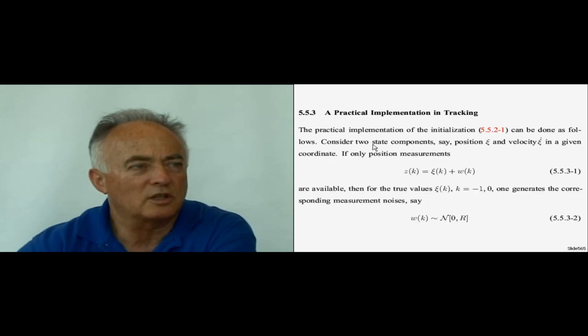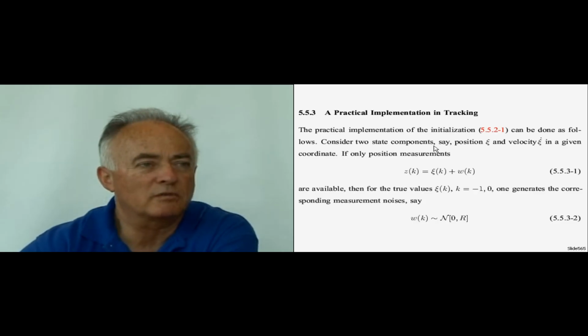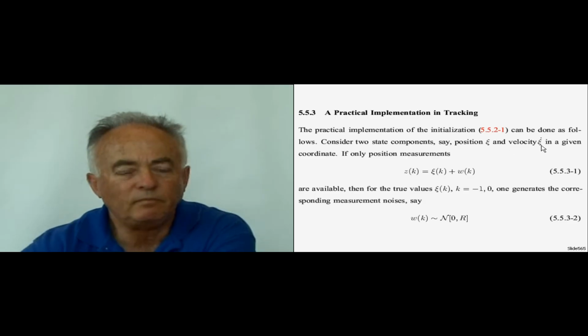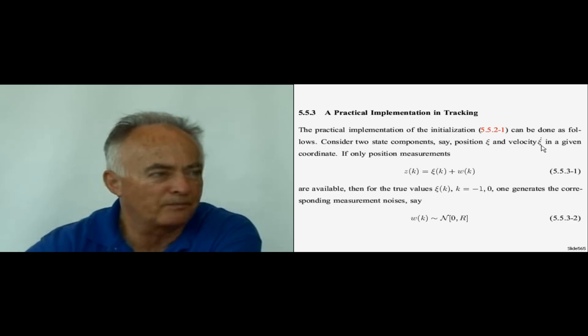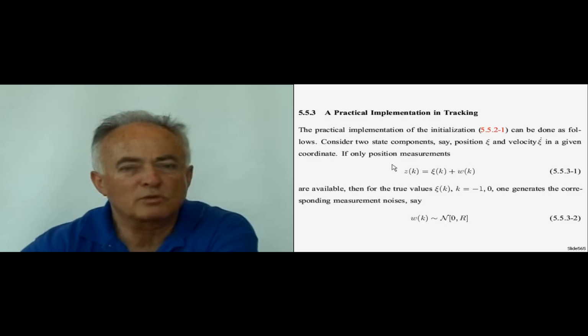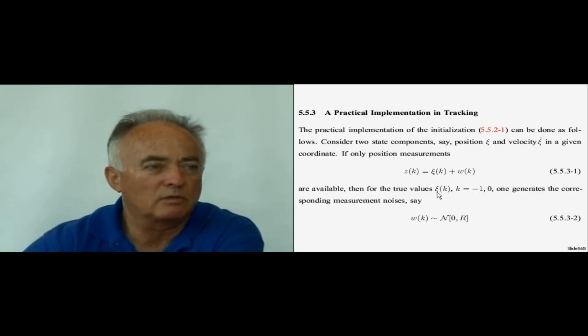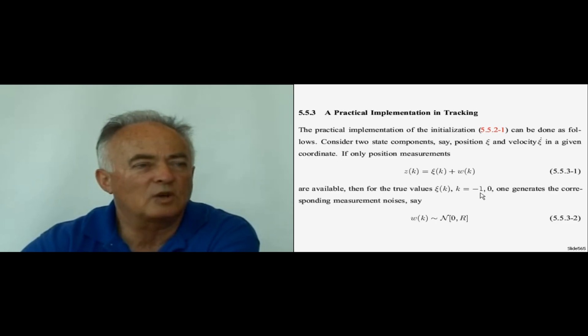We'll look right now at a system where you have the state components, one position, one velocity, in a generic coordinate psi, and assume we have position measurements, z at k is psi k plus w k. And now assume you get a position measurement at what we designate as k equal -1 and k equals 0.